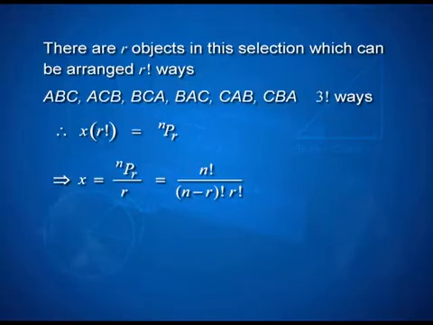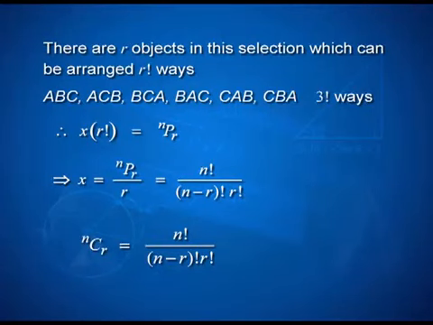Therefore, x times r factorial should give rise to the total number of permutations of n objects taken r at a time, and therefore, x must be equal to nPr upon r factorial. But nPr was nothing but n factorial by (n minus r) factorial, and therefore, I get the result which says that the number of combinations of n distinct objects taken r at a time is the same as n factorial by (n minus r) factorial into r factorial.